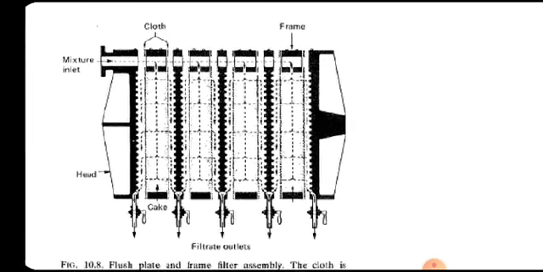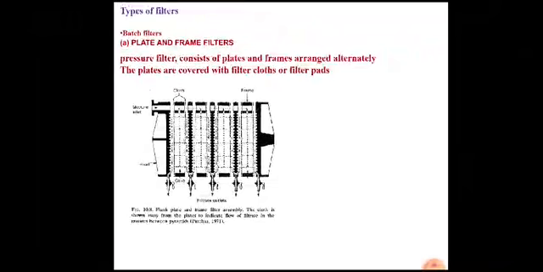You can see this is the frame, and this alternate next to that frame is a plate, and that plate is covered with filter cloth. So a series of plates and frames are there. The flow starts like this.